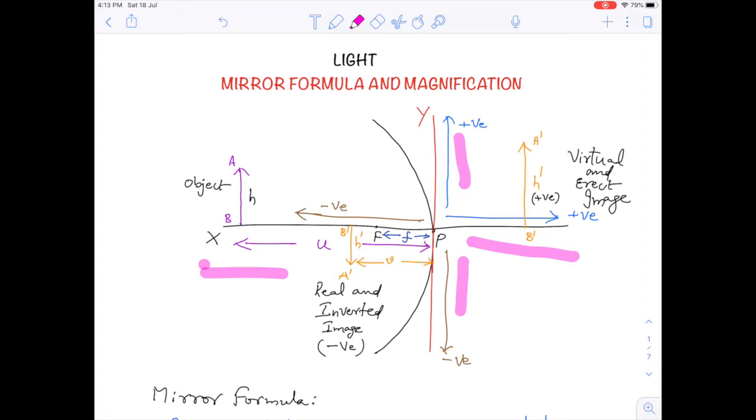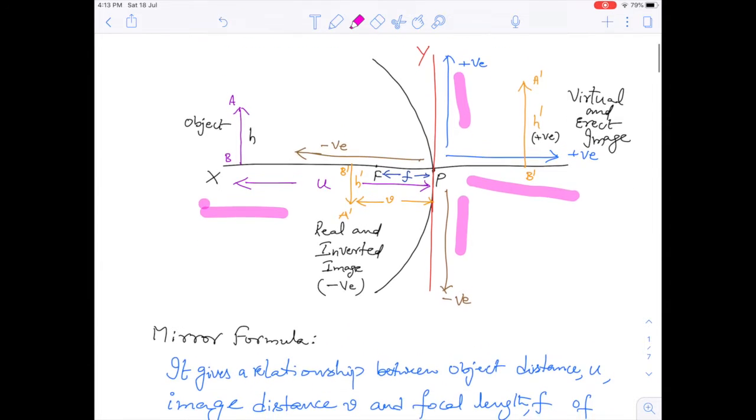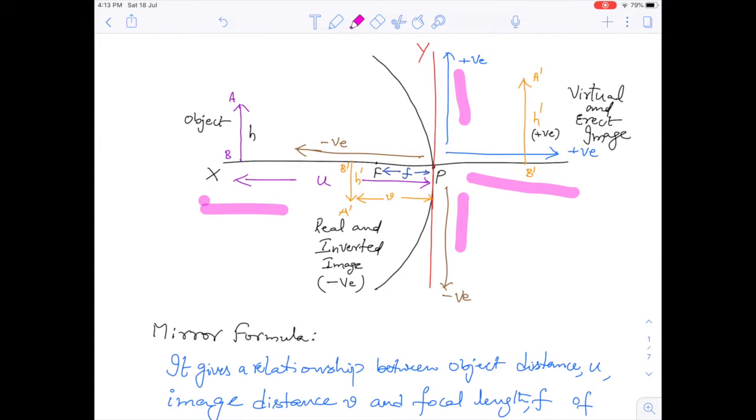With respect to the sign convention I discussed in my previous video, an object above the principal axis is positive. If the image is real and inverted, below the principal axis like this, it will be negative. If the image is behind the mirror and above the principal axis, it is virtual and erect, and it will be considered positive.